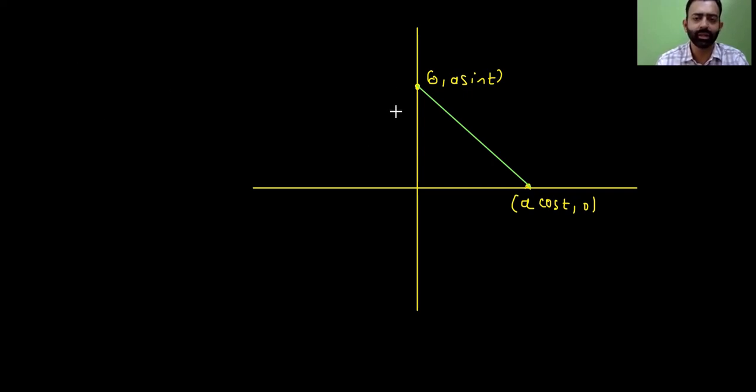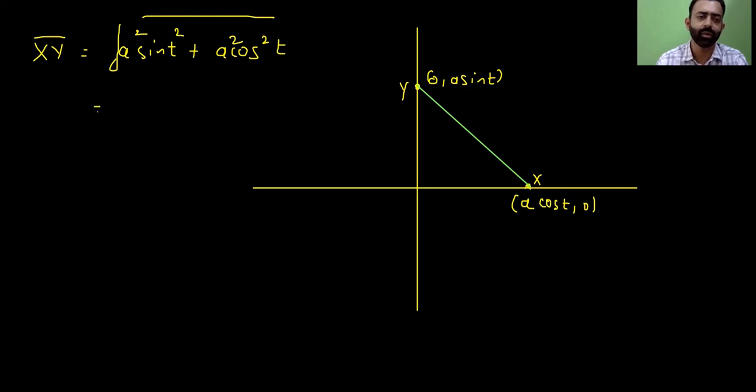If this coordinate is y and this coordinate is x, your xy length is equal to the square root of a sin t whole square plus minus a cos t whole square, which is a square times sin square t plus cos square t, equal to 1. You will get the length is just a units.